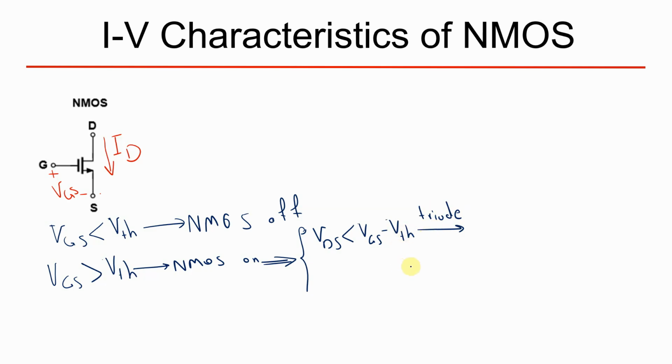What is the relationship between the drain current and the gate source or other parameters of MOSFET in this triode region?